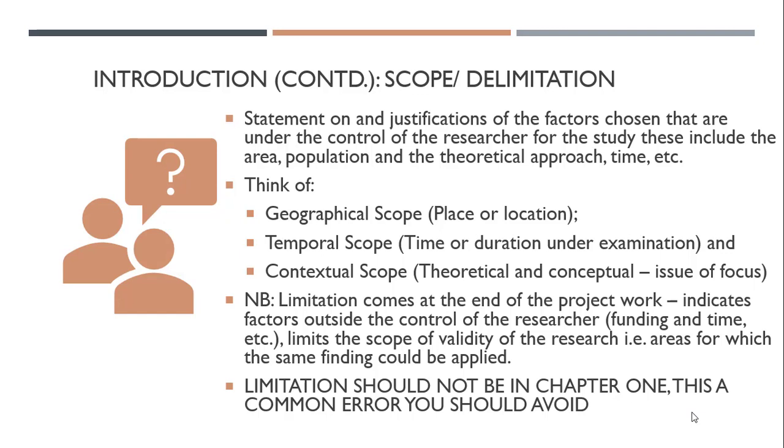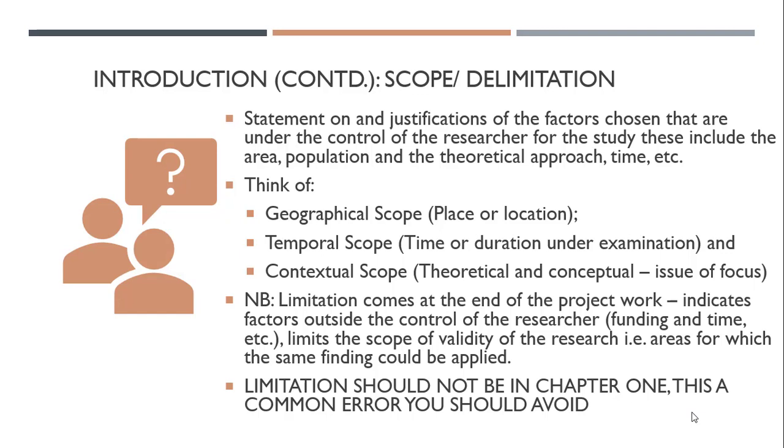It could be the area you're studying. So remember, the scope or delimitation captures a statement on and justification for the factors that you have chosen that are under your control for your research work. It could be the area you have chosen. It could be the population, the theoretical approach you are selecting, and the time period you are selecting.